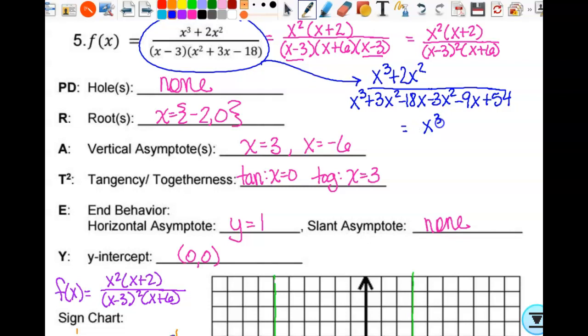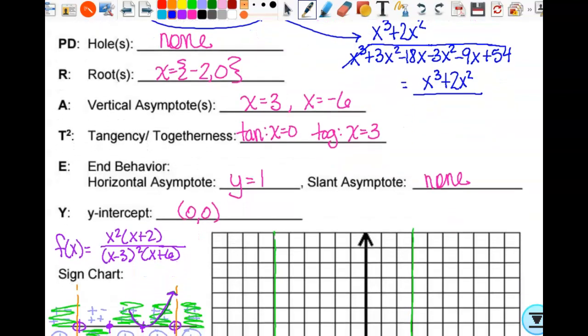I get x cubed plus 2x squared all over, so I only have one x cubed term, so x cubed. Then I have 3x squared and -3x squared, those zero out. I have -18x and -9x, that's -27x, and then plus 54.